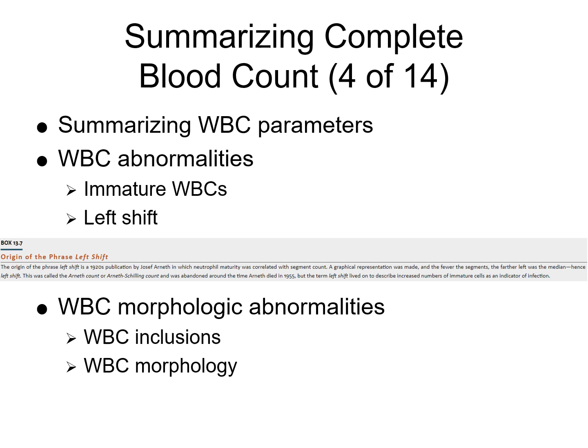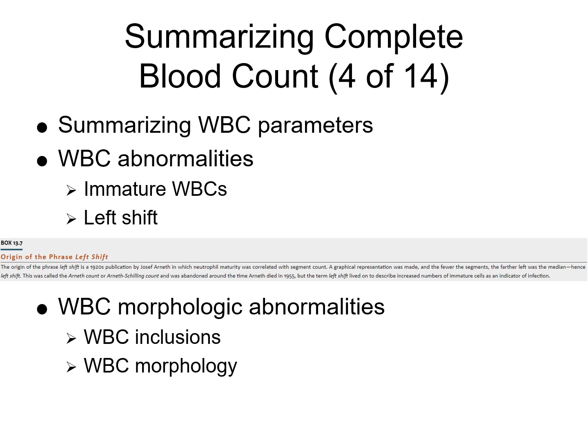A left shift refers to an increased number of immature neutrophil precursors in the peripheral blood, signifying heightened marrow activity or inflammation. White blood cell morphologic abnormalities could include changes in size, shape, nuclear configuration, and cytoplasmic features of white blood cells, which could point to specific diseases or reactive processes.